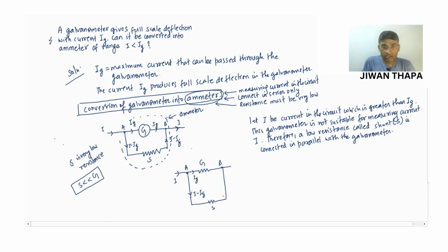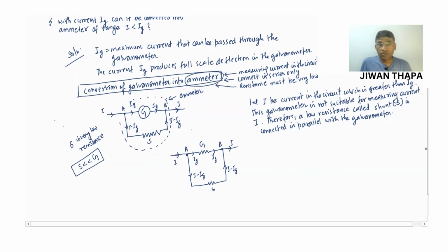So Ig is flowing towards B and I minus Ig is flowing towards B. So we know from Kirchhoff's first law, that is KCL, okay, the sum of entering current at B equals the sum of leaving current. So we find current I is leaving from B. So in this combination, current I is entering from A, and this combination of G and S, current is entering from A and is leaving the combination from B.